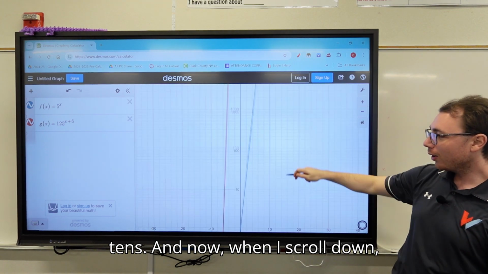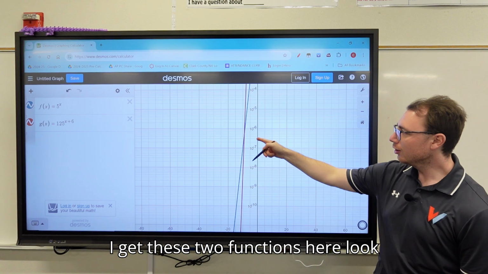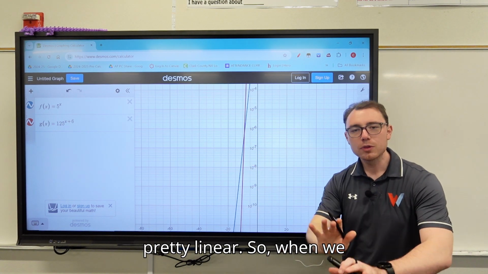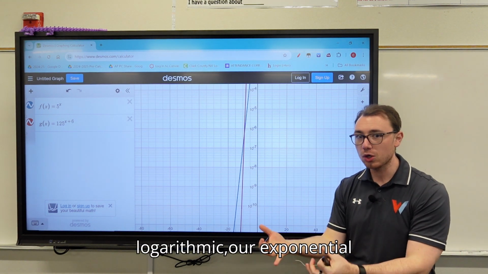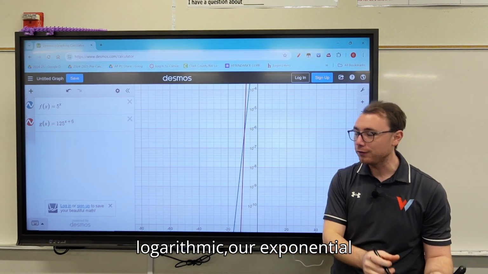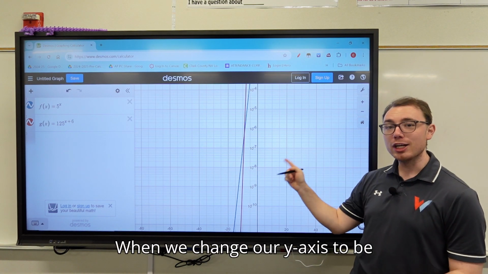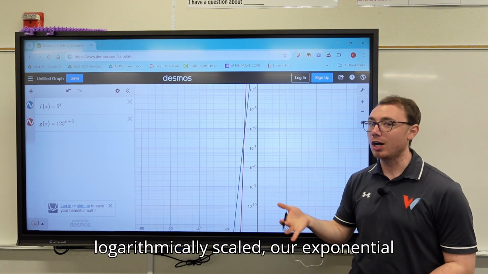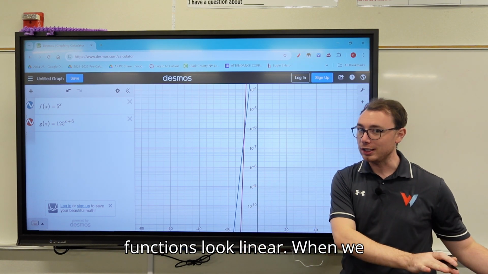Now, when I scroll down, these two functions look pretty linear. So when we change the y-axis to be logarithmic, our exponential functions look linear. I'll repeat that: when we change our y-axis to be logarithmically scaled, our exponential functions look linear.